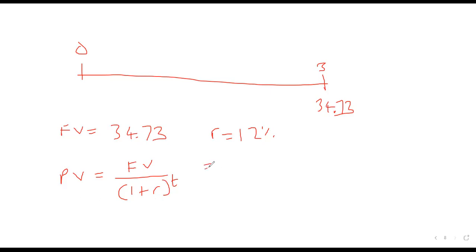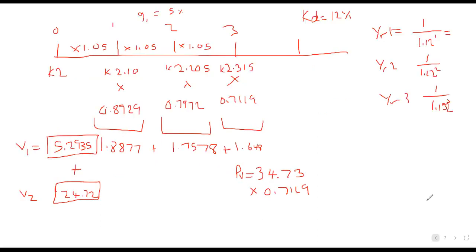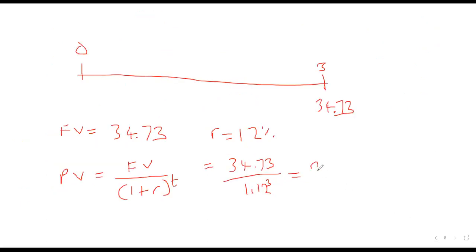So this is 34.73 over 1.12 to the power 3. What are you getting? It's 24.72. Is that clear? Yes, it is.